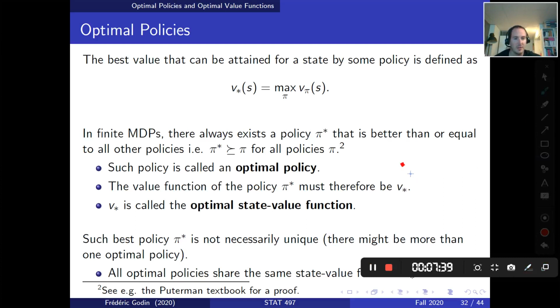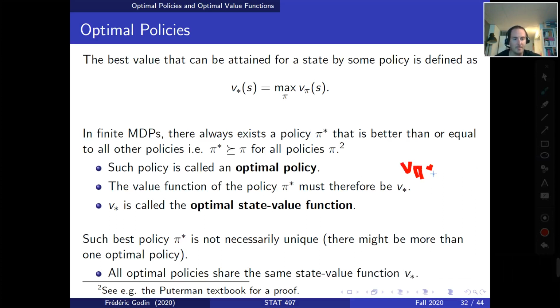So here we should have v pi star, the value function of policy pi, let's call it pi star, should be equal to v star of s for all states s.